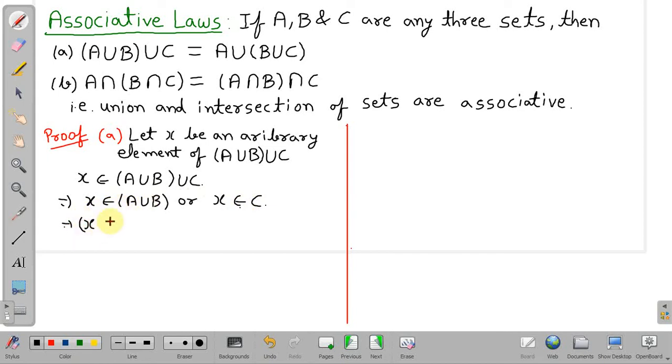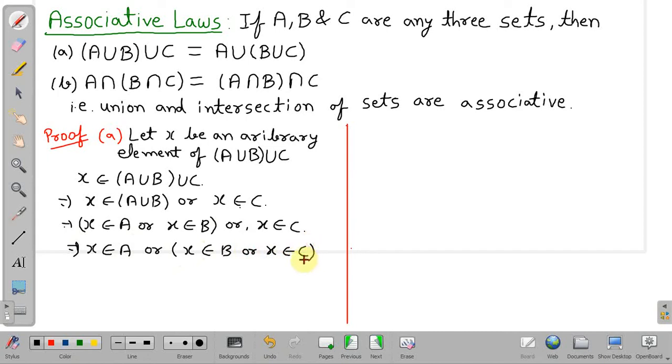So we can write x is an element of set A, or x is an element of set B, or x is an element of set C. And this again we can rearrange. After rearranging, we can get this.